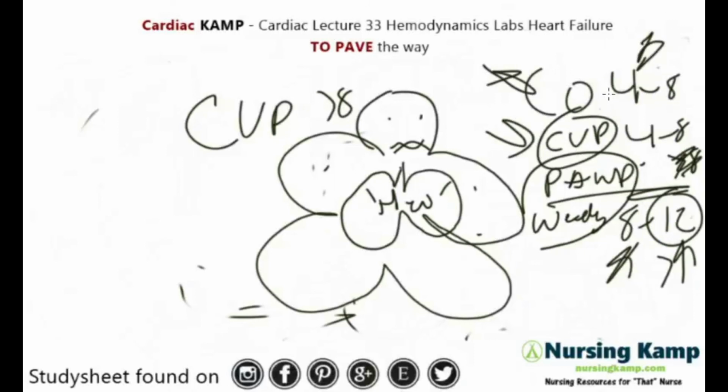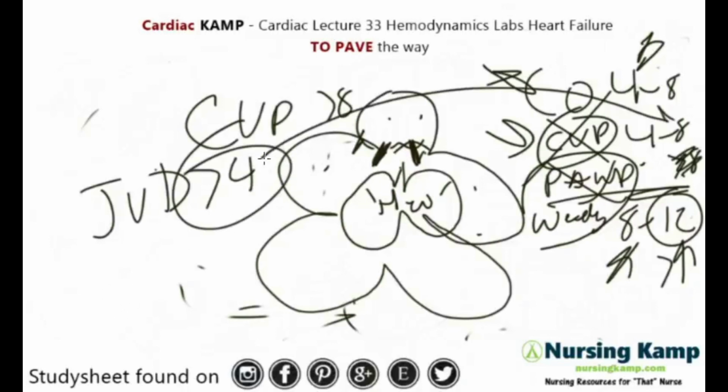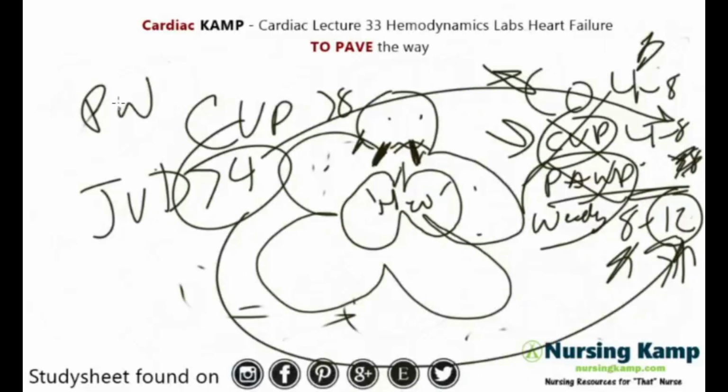And so what if I don't have a CVP or a wedge pressure? I would also have JVD. So JVD greater than 4 is too much fluid. That's like a CVP greater than 8 or wedge pressure greater than 12. And what does the patient look like? But we're not really talking about that.